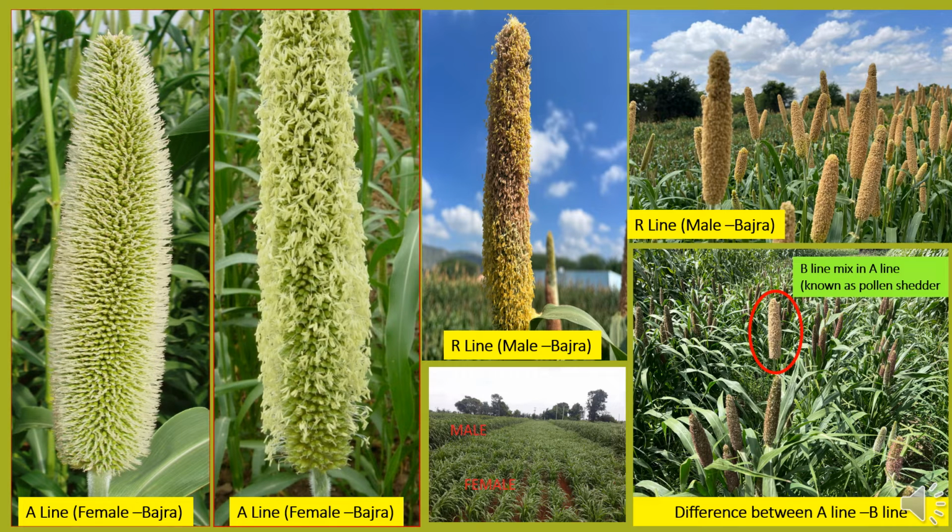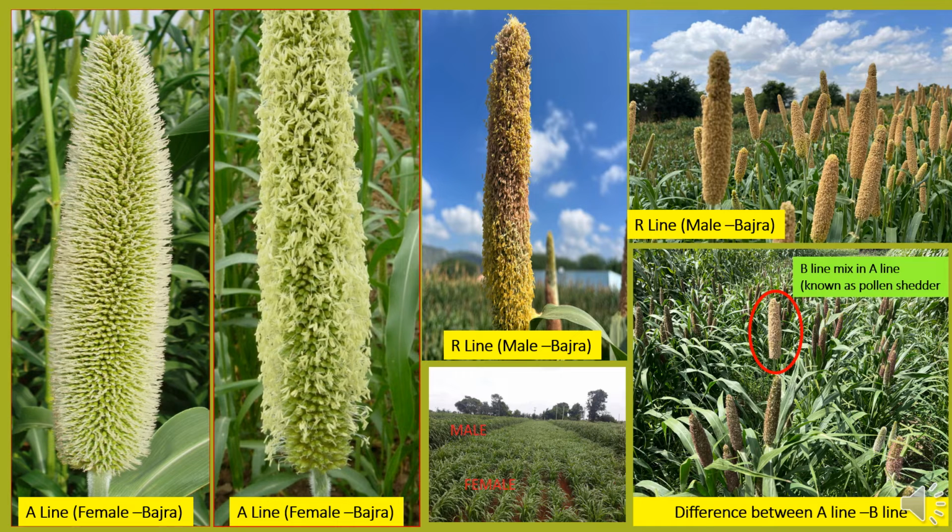To get a clear understanding of the A line, B line and R line, we have shown here pictures of hybrid bajra or pearl millet seed production fields, and we can see the differences in how the R line and A line appear. As discussed earlier, the A line and B line are isogenic lines differing only in male fertility.